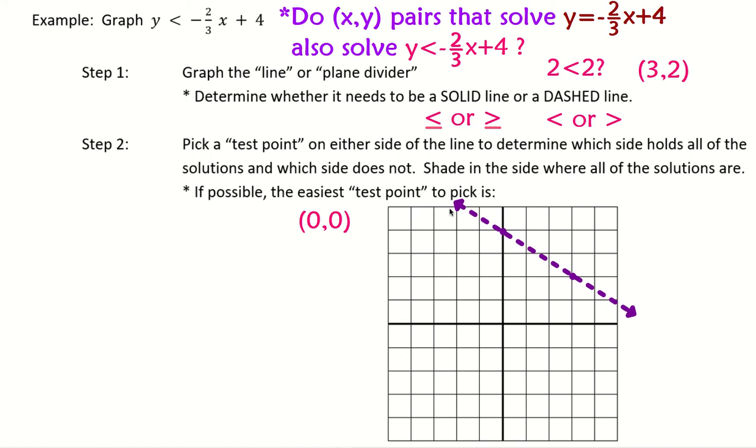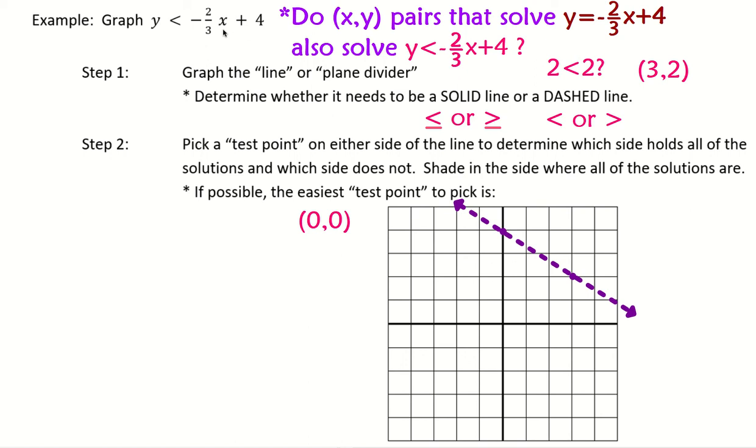But here's what else you can do. Here's a quicker shortcut rule of thumb. Ready? You might want to write this down in your own words. As long as the inequality is in mx plus b form, which it pretty much will be, because remember you have to graph the line first.